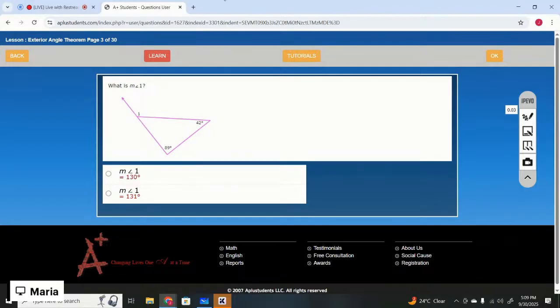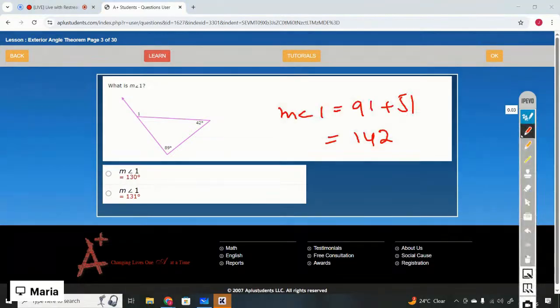What is the measurement of angle 1? So the measurement of angle 1 is the sum of the two interior angles. So that is 42 degrees. The measurement of angle 1 equals 42 degrees plus 89 degrees.